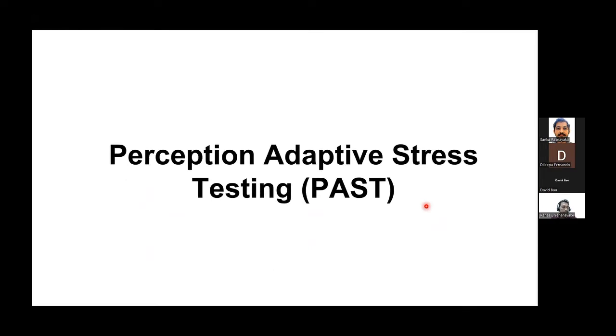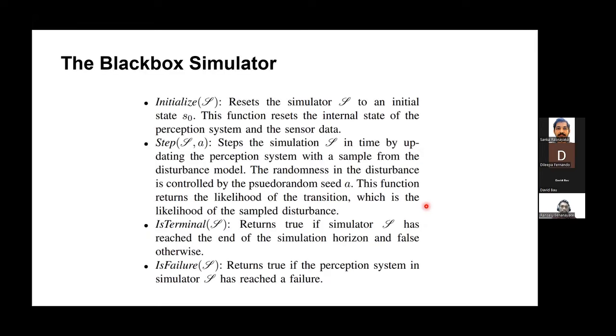For that, we propose perception adaptive stress testing, or PAST. Consider we have a black box simulator S. We have four different functions. We initialize our simulator with some state S0. When I say states, I will define that later. Just consider they are positions of the vehicle, trajectories that we really do not know, just estimates.